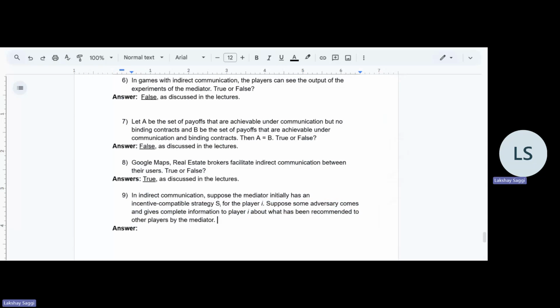So now the question is, will it still be optimal for player I to play the strategy SI?